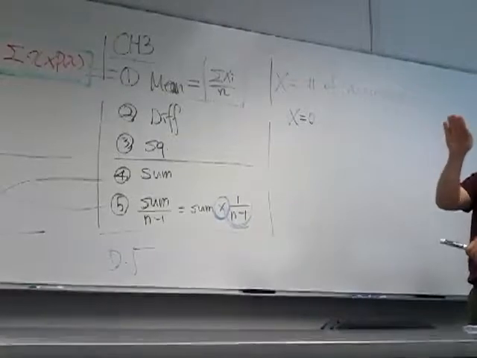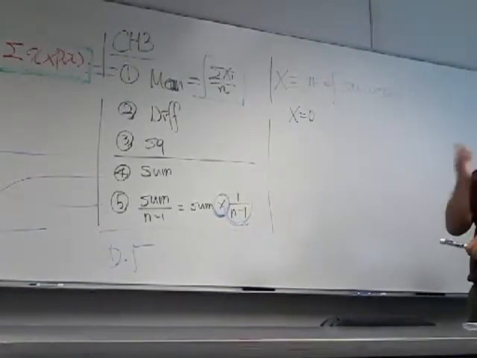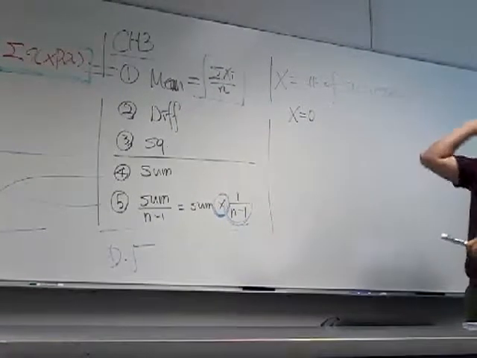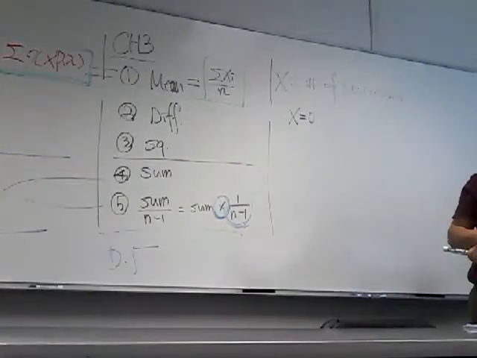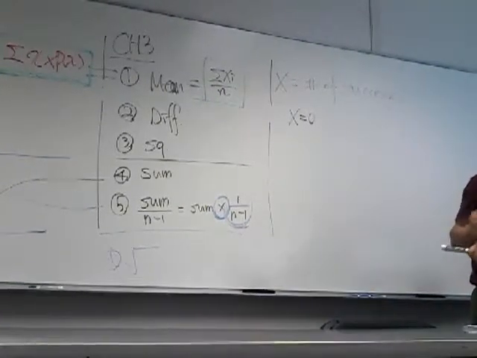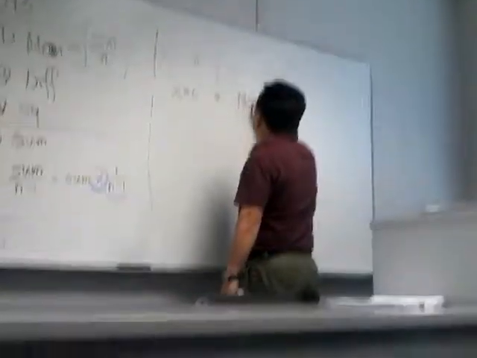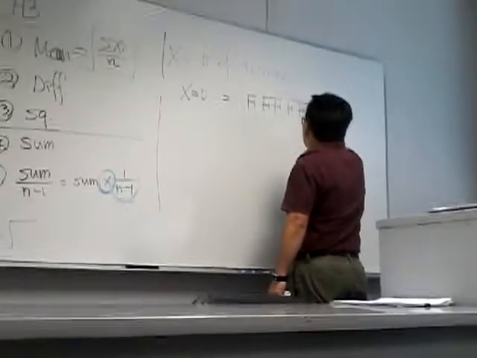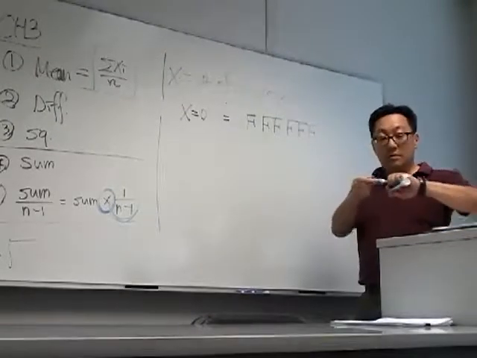X is a random variable, which is the number of successes. X equals 0. What does it mean? Fail, fail, fail. How many times? 6 times, all fails. Right? It's the same as fail, fail, fail, fail, fail, and fail. Does it make sense?